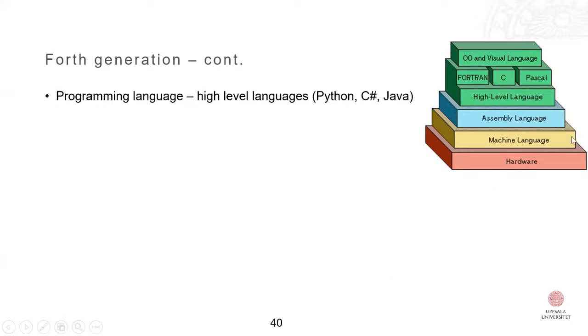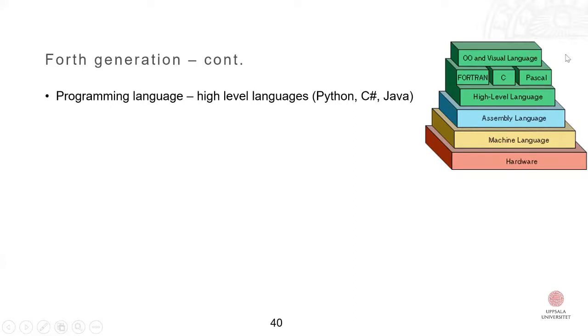Take a look at this diagram. At the lowest level of programming languages, we had machine language, introduced in the first generation. Then we had assembly language, which was more human readable, and higher level languages were introduced in the second generation. Then we have less high level languages like C and Pascal, introduced in the third generation.